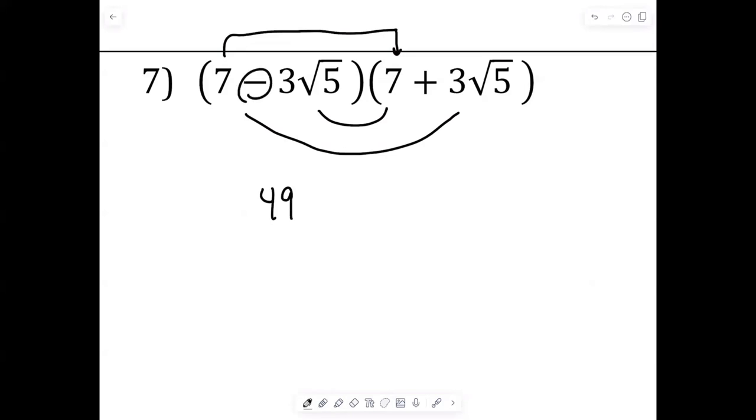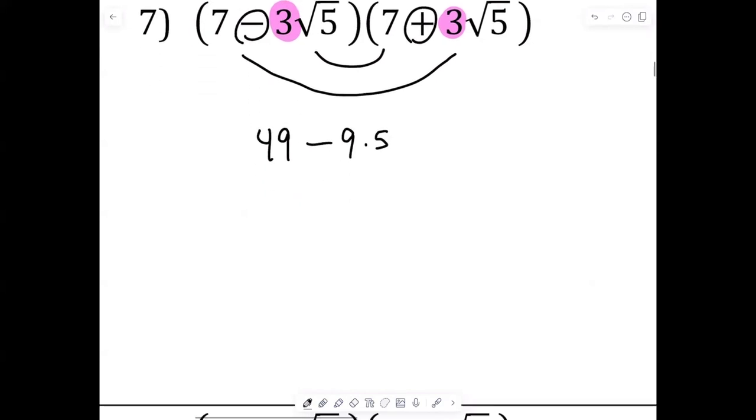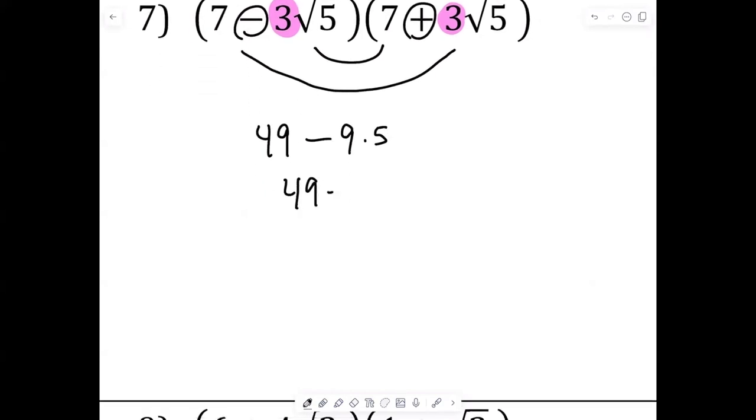Negative times a positive is a what? Negative. Now we have to do 3 times 3, which is 9, and square root of 5 times square root of 5. There you have it. What's 9 times 5? 49 minus 45 is what? After all that, it was 4.